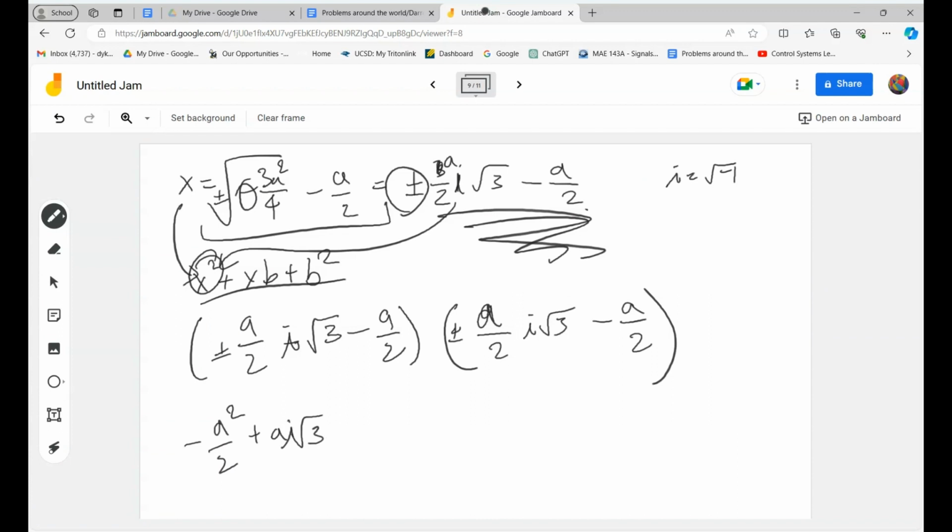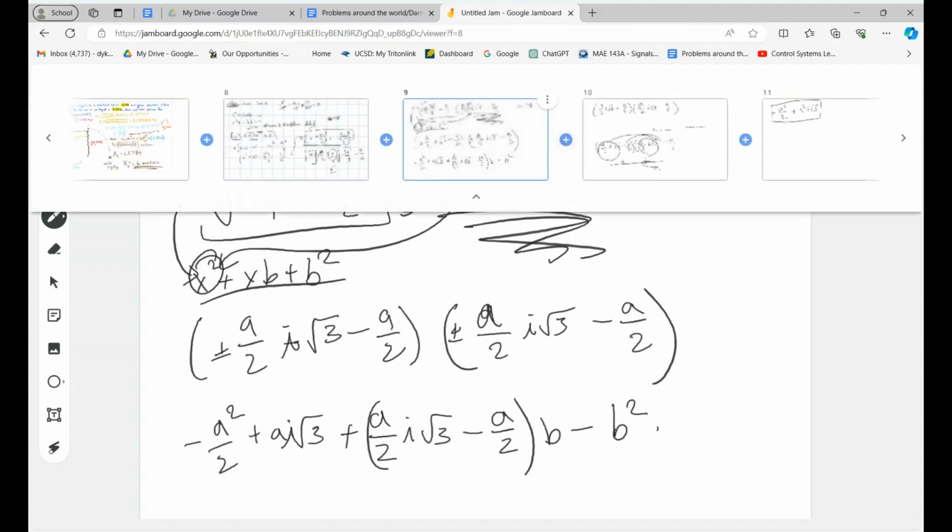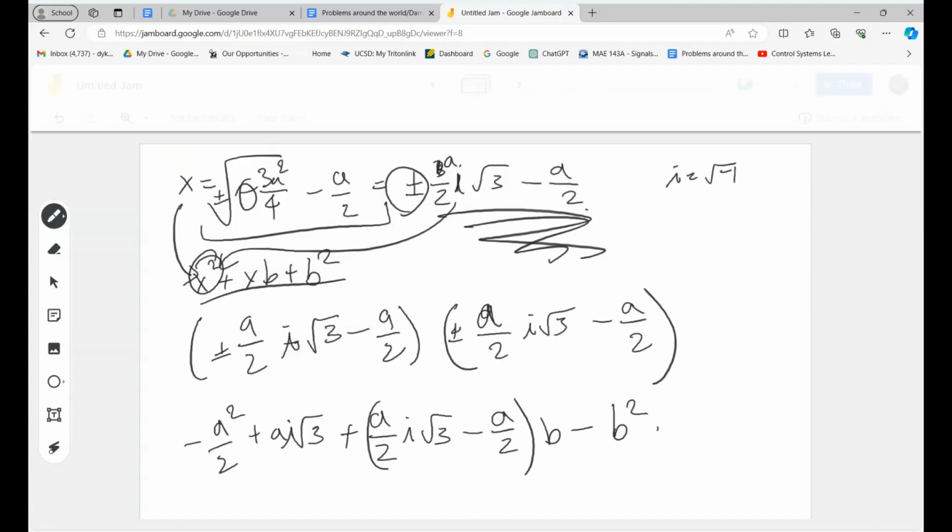That is this part. Now we just have to plus that by a divided by 2 i square root of 3 minus a divided by 2, parentheses b minus b squared, which is constantly seen.